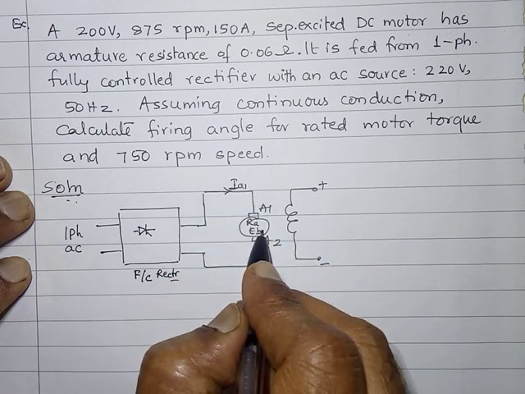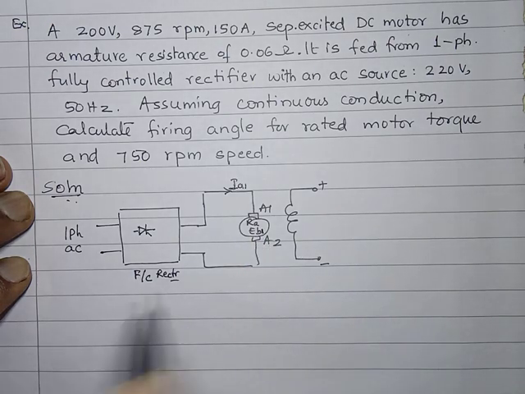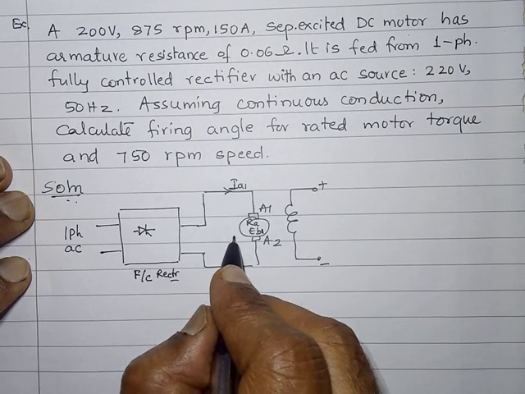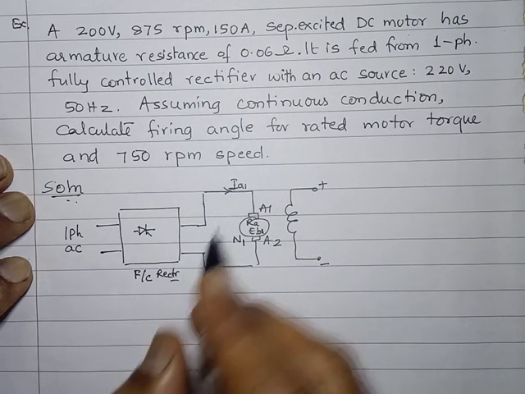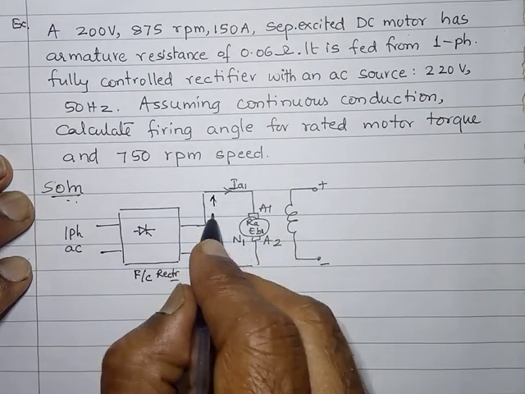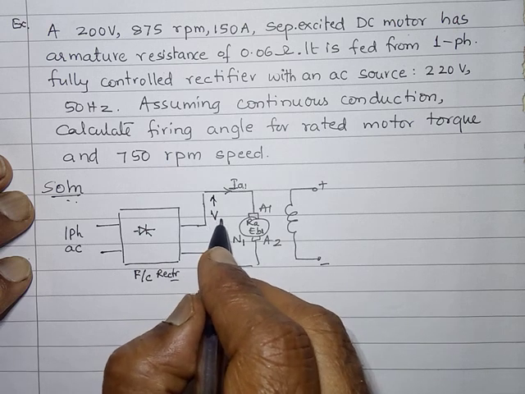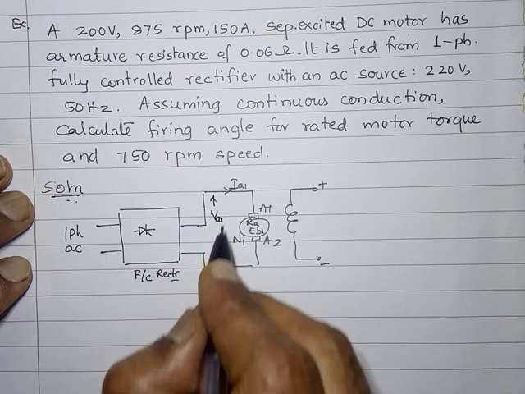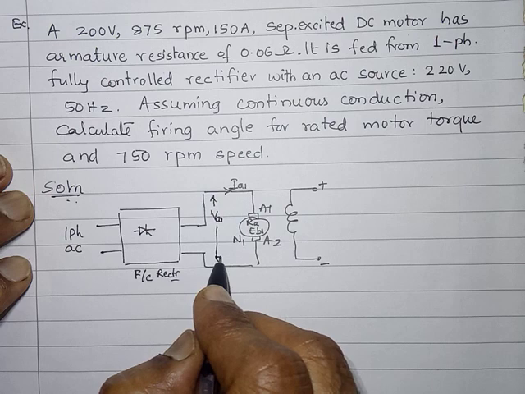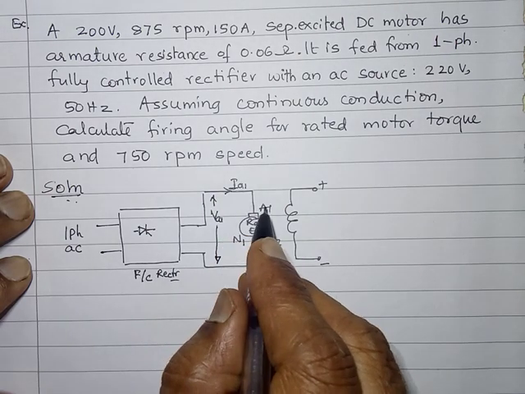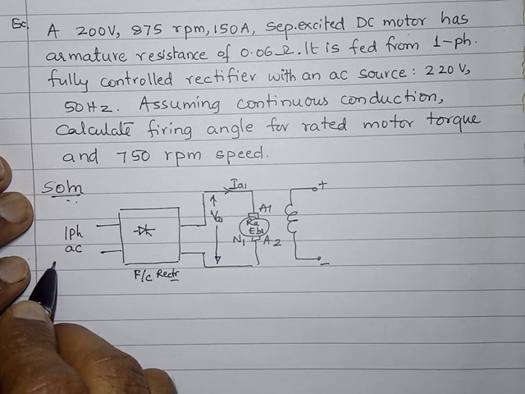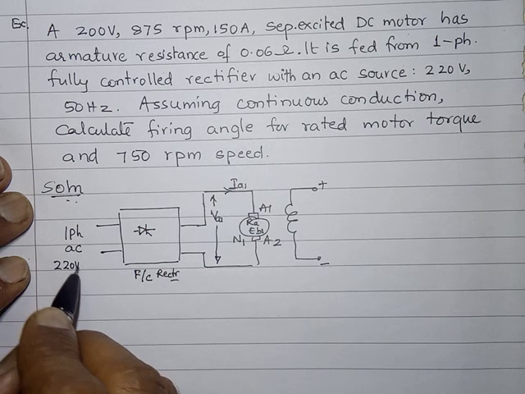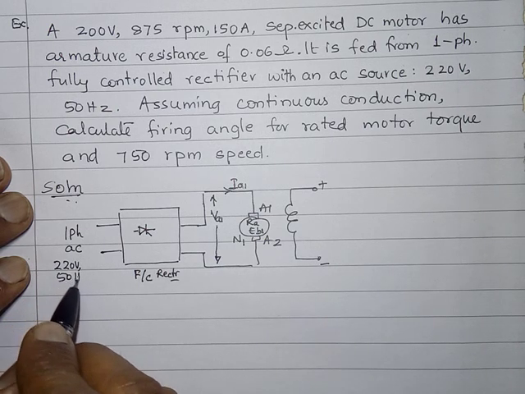Hence, this I will put as EB1, the speed of this armature I will put as N1, and the voltage across this I will put as VA1. All these are for the rated situation, and this single phase AC is 220 volts, 50 hertz.